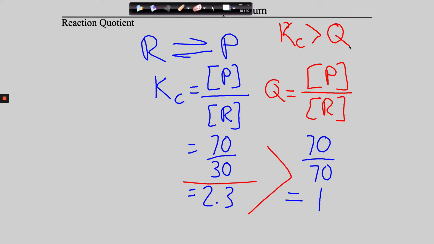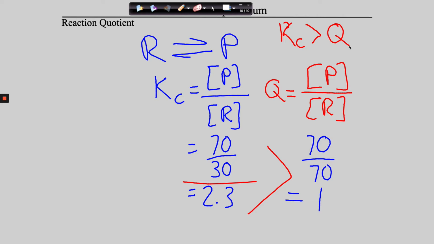Now guys, here's the trick. As it did that, listen, as it did that, did the reaction go to the right or to the left? Did it make more product? Or did it make more reactant? It made more product. So guys, the idea is this.